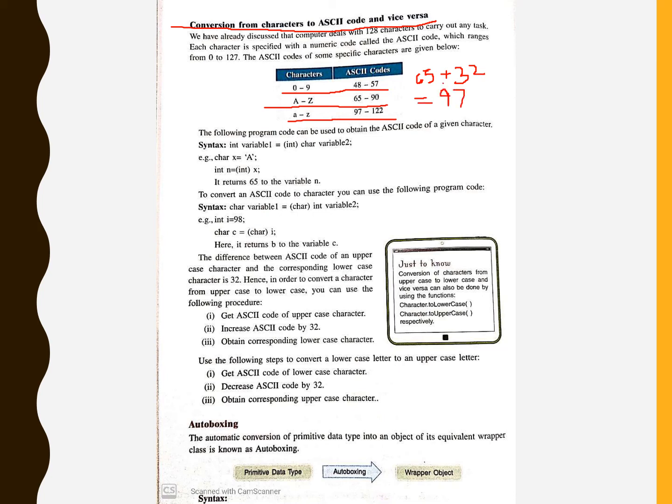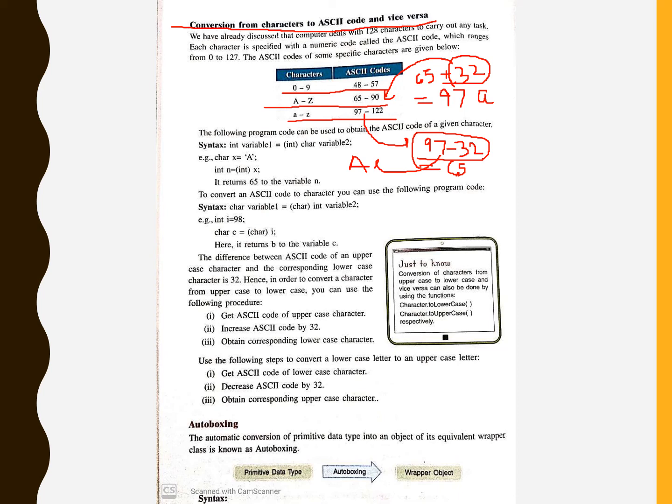So whenever you add 32 to the ASCII code of a capital letter, you will get the small letter. And if I subtract 97 minus 32, the result is 65. So whenever you subtract 32 from the ASCII code of a lowercase letter, you will get the capital letter ASCII code. Always remember.